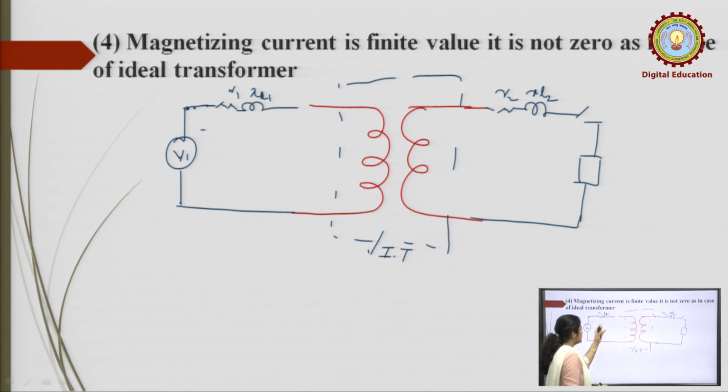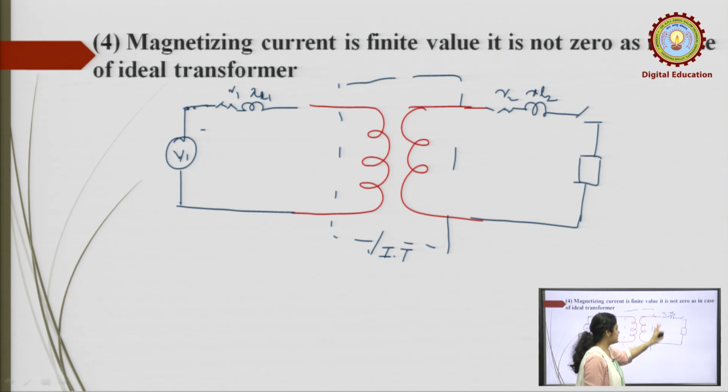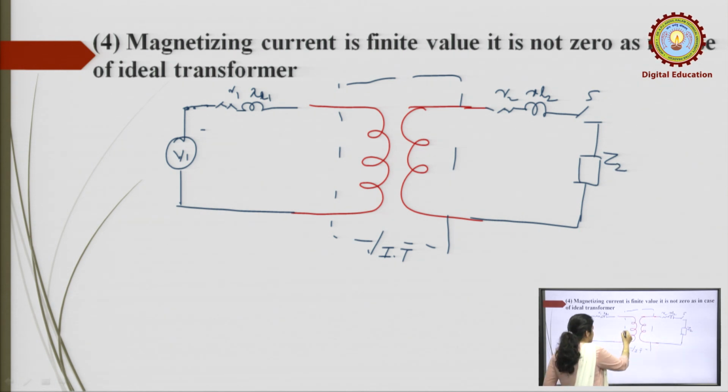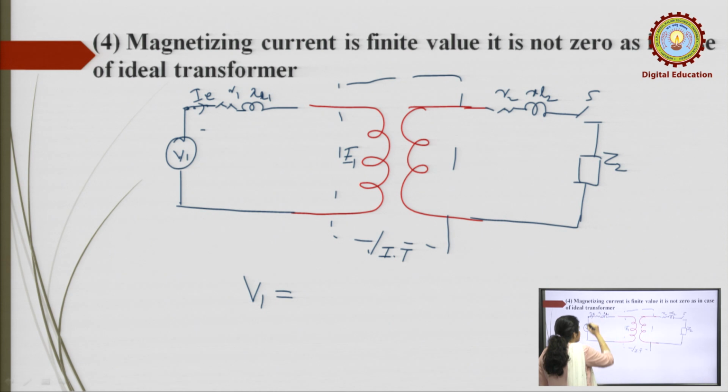We will see the equivalent circuit later, but now I am just introducing the resistance and the leakage reactance. Okay. This is S and Z2. So, in this case, V1 must be equal to, suppose at no load, I is there.